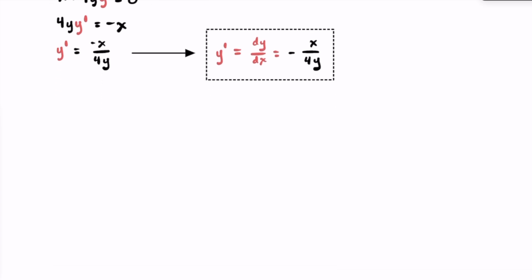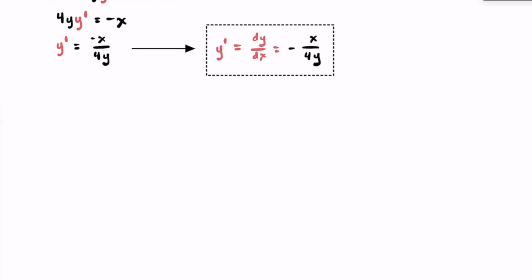And so let's continue on to find the second derivative now, or y double prime. Let's start by writing the original equation here and say we have y prime is equal to this negative x over 4y. This is going to be kind of like our original equation, I guess you could say. And what we're going to do here to find y double prime is differentiate both sides of this equation with respect to x.